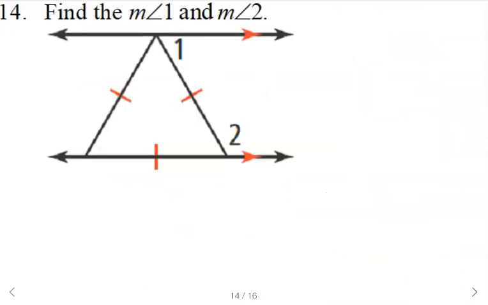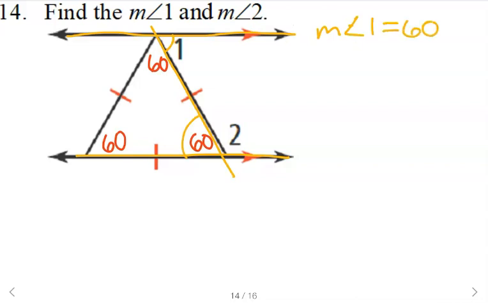The angles in an equilateral triangle are all 60. Now here we've got two parallel lines cut by a transversal. And so alternate interior angles will be congruent. So we can say the measure of angle 1 is 60.